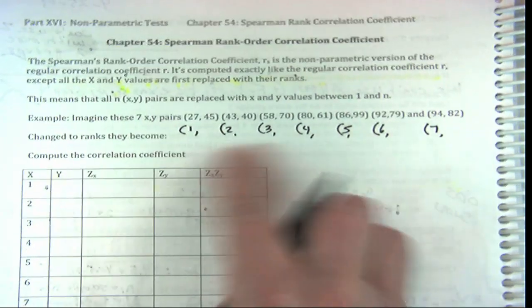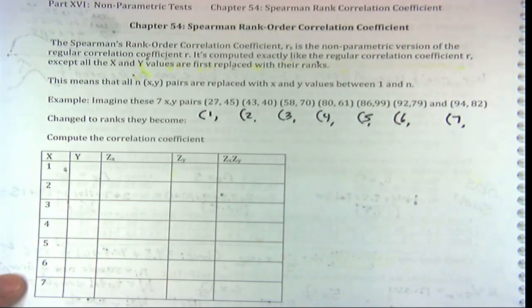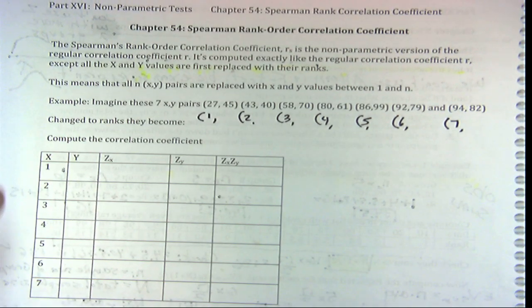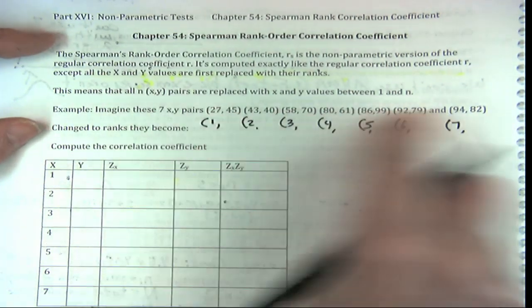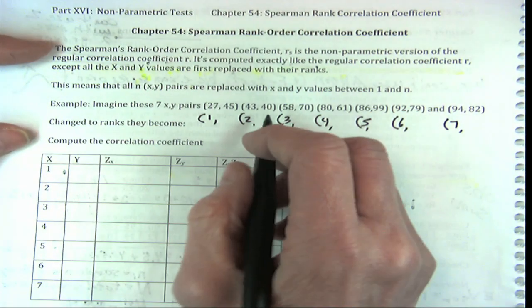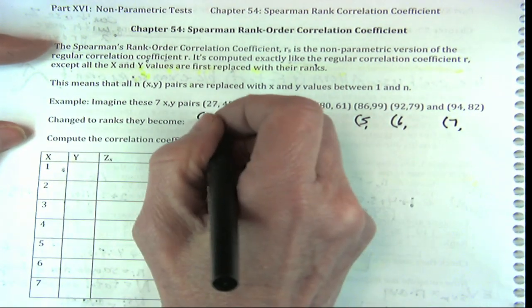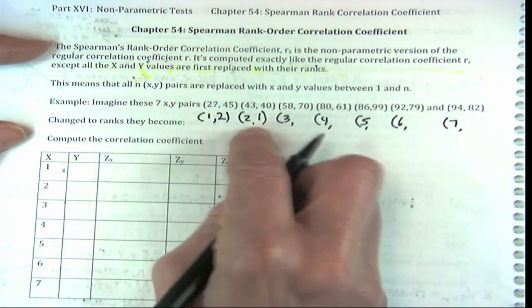All right? So that's our first variable: 1, 2, 3, 4, 5, 6, 7. So now we just want to order the second variable. 40 is the smallest, so that will be 1. 45 is the second, so that's 2. I'm just ordering the y's.